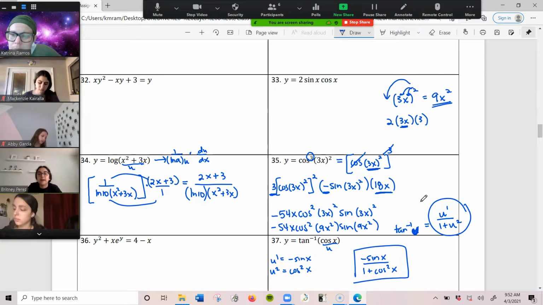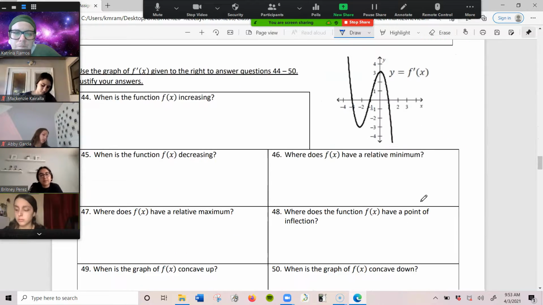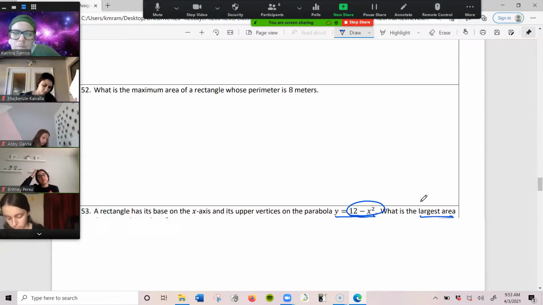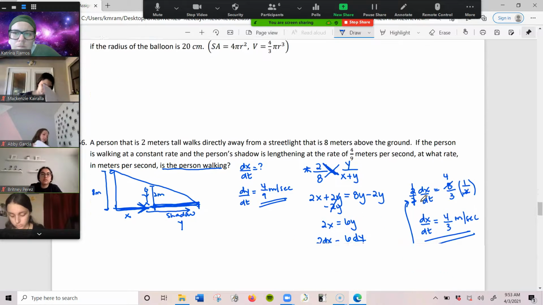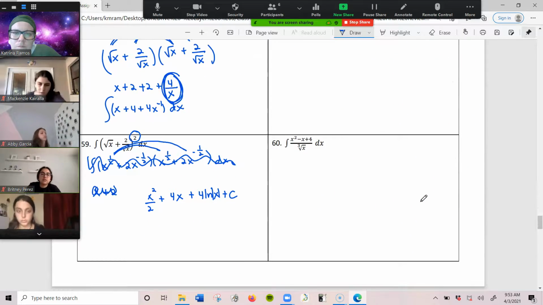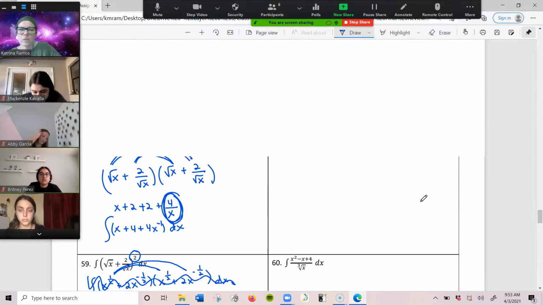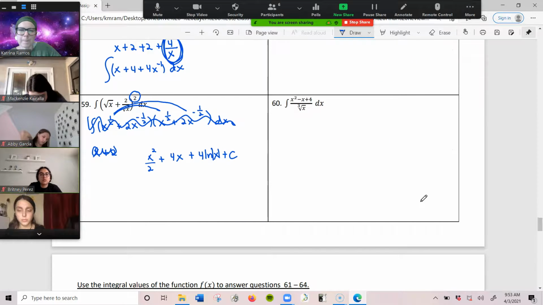Okay. What is this? We're just integrating, right? Okay. Okay, so here what we have is x squared minus x plus 4 over the cube root of x, which in order to integrate this, so with integration, I mean, there's a plus and a minus, right?